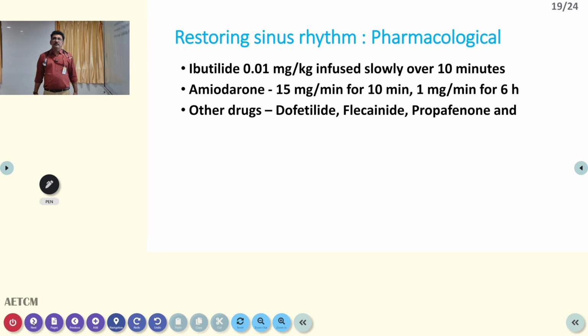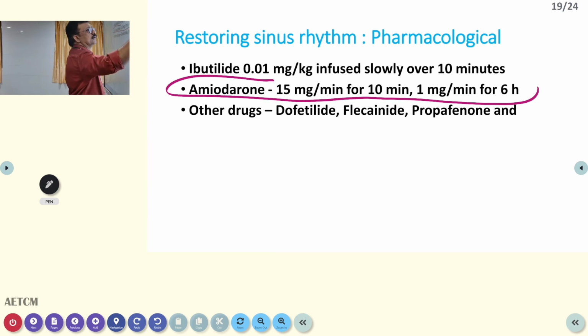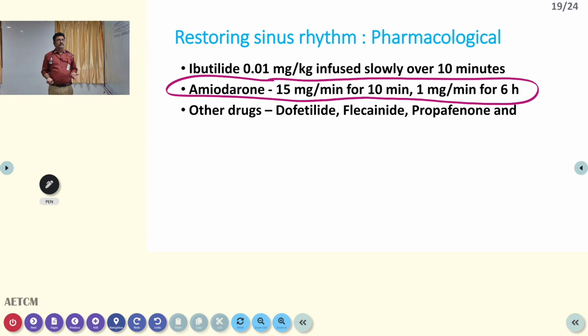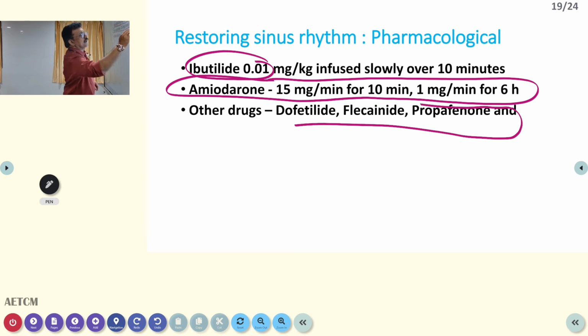Now, restoring sinus rhythm. I have already told you amiodarone is one of the most useful drugs in the emergency room, because we have limited knowledge about other drugs, and in some areas they are not available. These types of drugs are the first line choice if available. Cardiologists mostly use this type of drugs in their area, but in many areas it is not available.